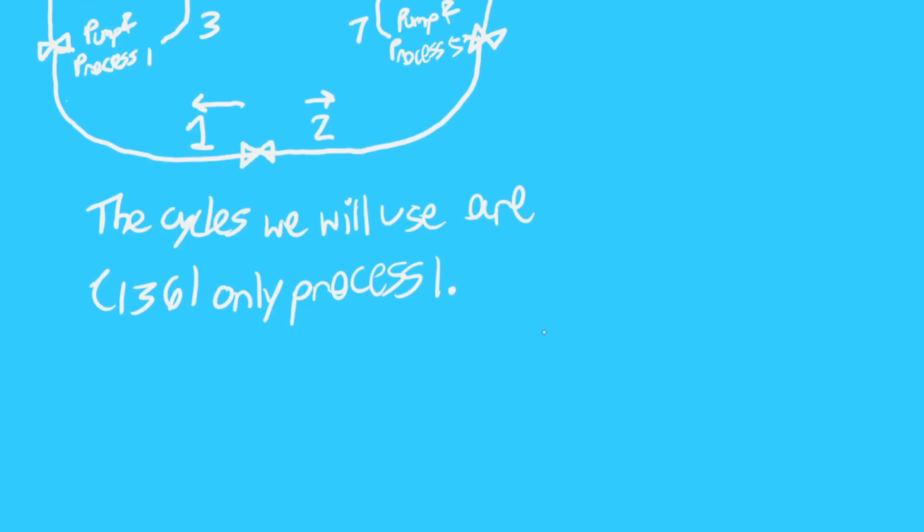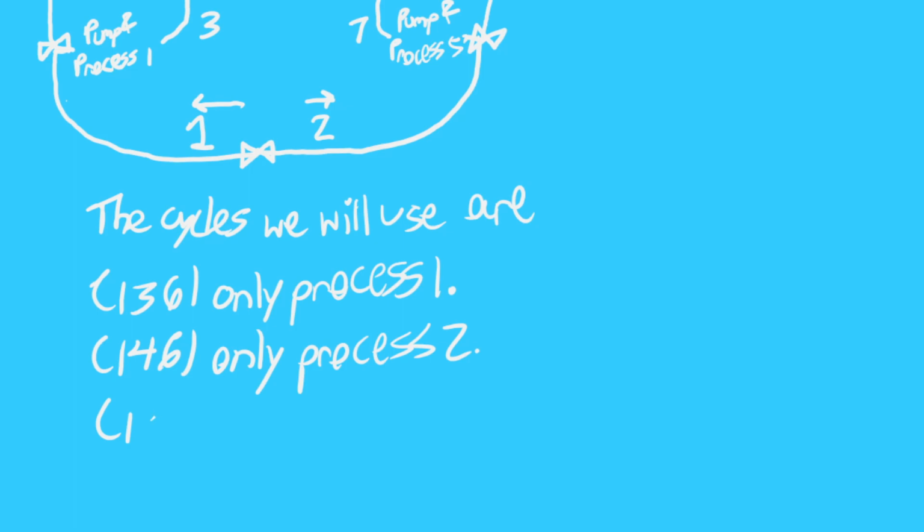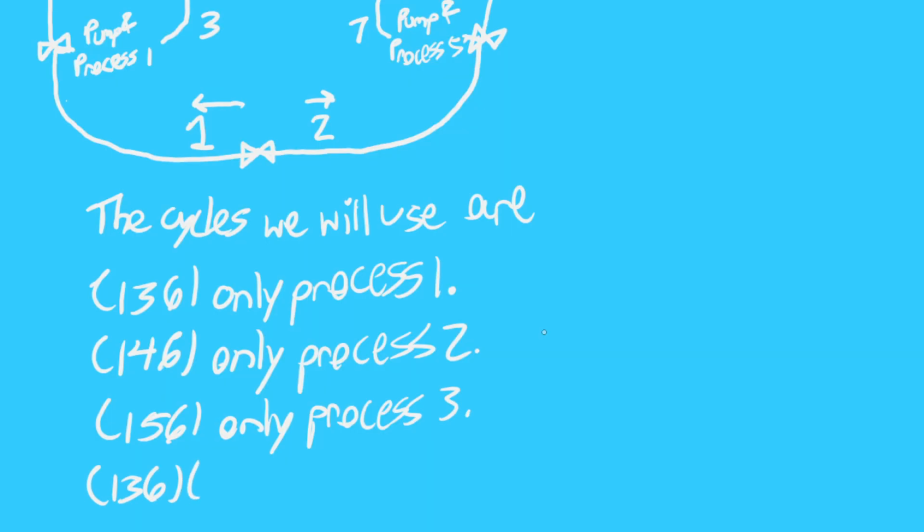And we'll do the same thing for process 2. We have 1, 4, 6 for only process 2. And then we can do 1, 5, 6 for only process 3. And we can do 1, 3, 6, 1, 4, 6 for processes 1 and 2.